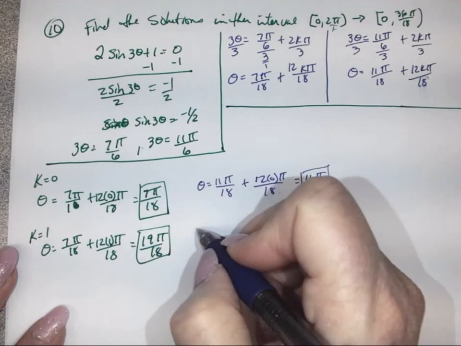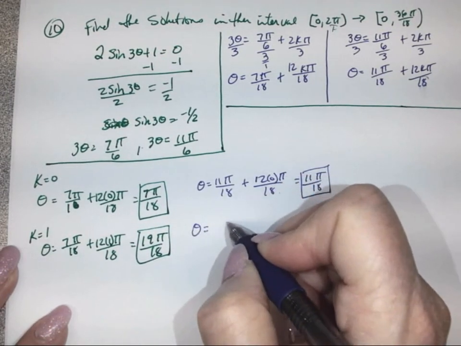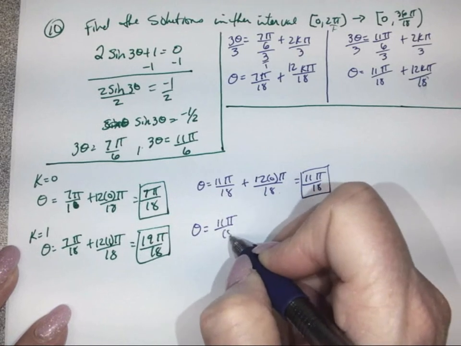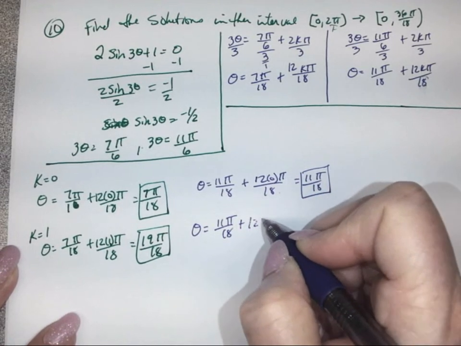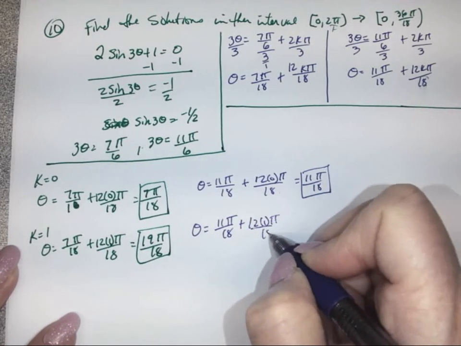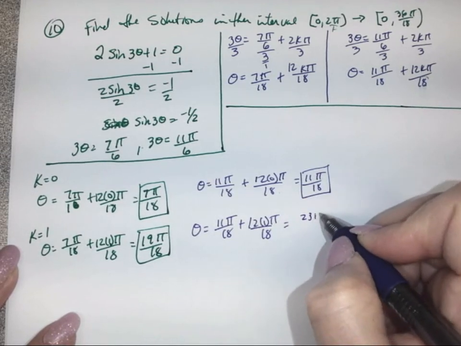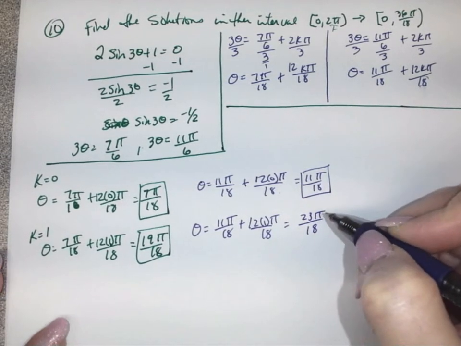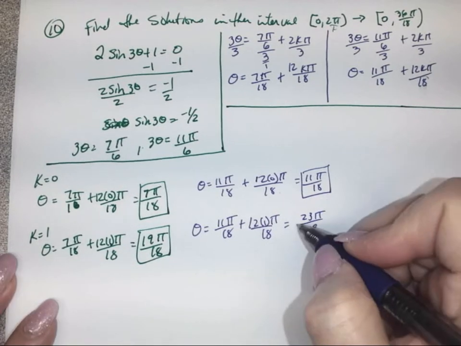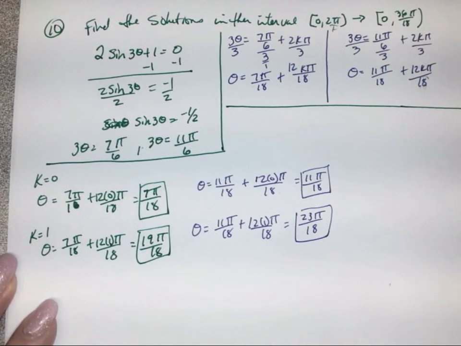And we'll do the same thing over here. So theta would be equal to 11 pi over 18 plus 12 times 1 pi over 18. 11 plus 12 will get us 23 pi over 18. All right, let's go try k equal to 2.